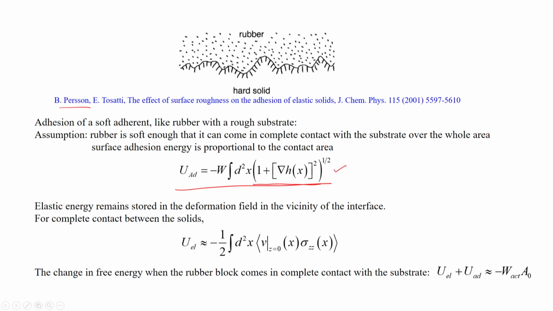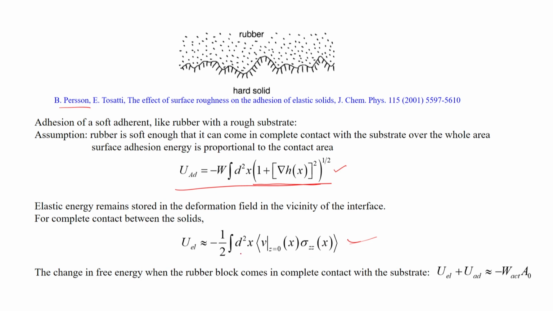Because of this material coming in contact, there has been some deformation, and that deformation is elastic deformation. So the excess energy that is released because of this adhesion will get absorbed, it will go to form this excess elastic energy. That is taken care of by this relation. Now here this is the relation with sigma zz, the stress.